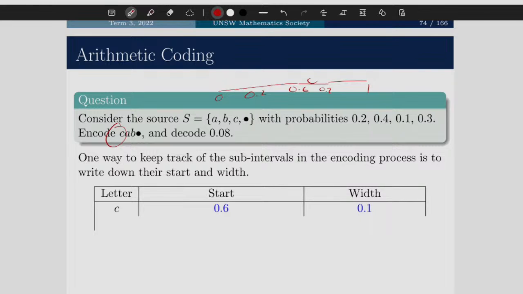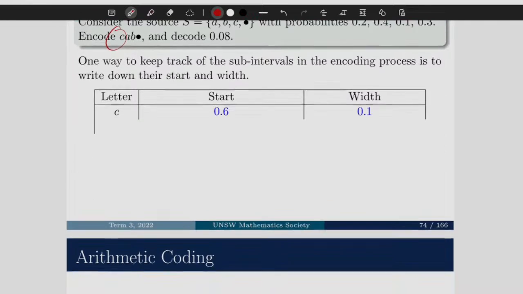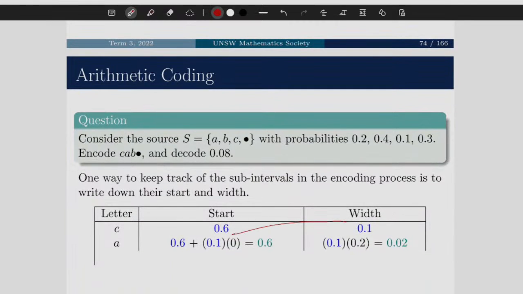If I'm starting with C, which is in this section, then easily the start is 0.6, and the width of this interval is 0.1. Then we scale the 0.1 by the next section, which is A.